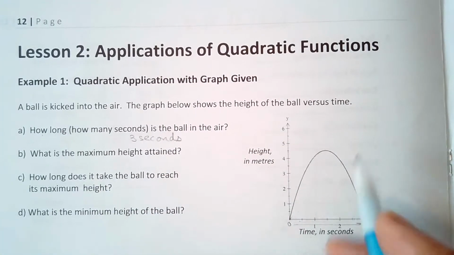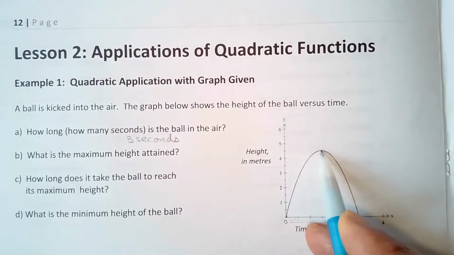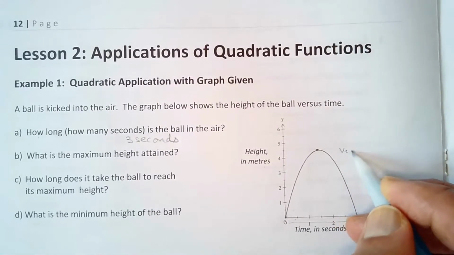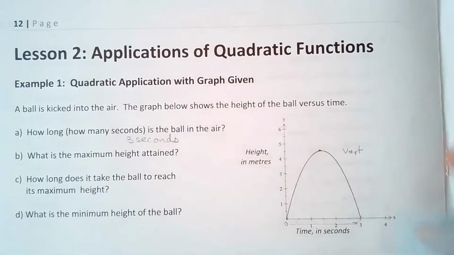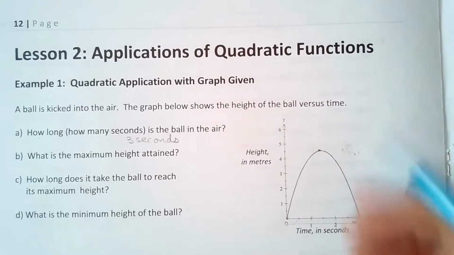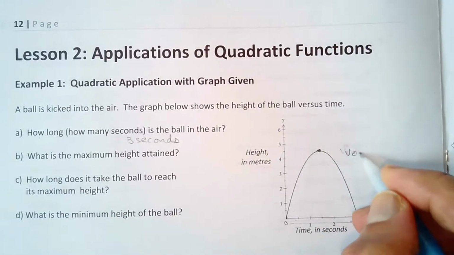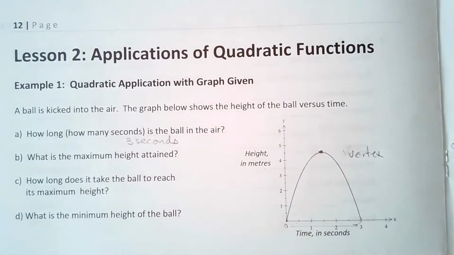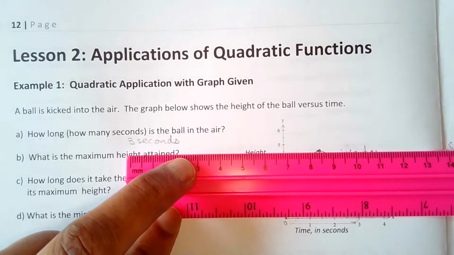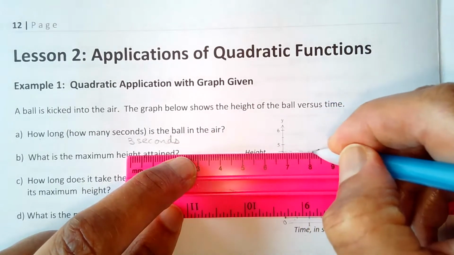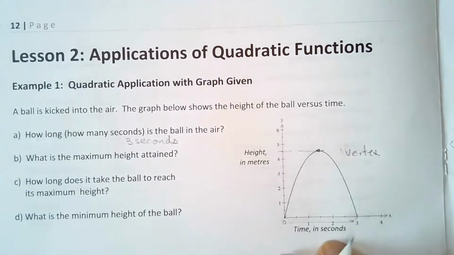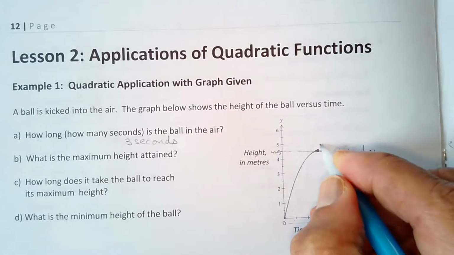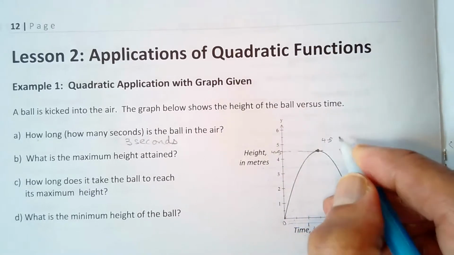The maximum height now would be the vertex. Remember we talked about the vertex? So here we have the vertex of the parabola. Now, if we were to draw a straight line across, the y value here is approximately 4.5.